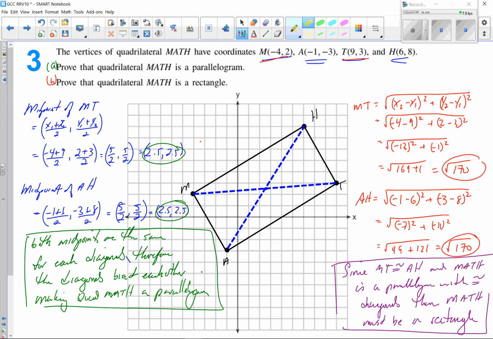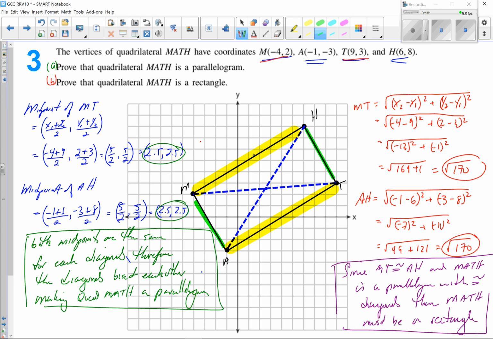So we could have shown that this side and this side were parallel, along with this side and this side. So I could do two slope formulas, for MA and TH, and for MH and AT, showing that they are equal to each other. That would show that I have two pairs of opposite sides parallel.